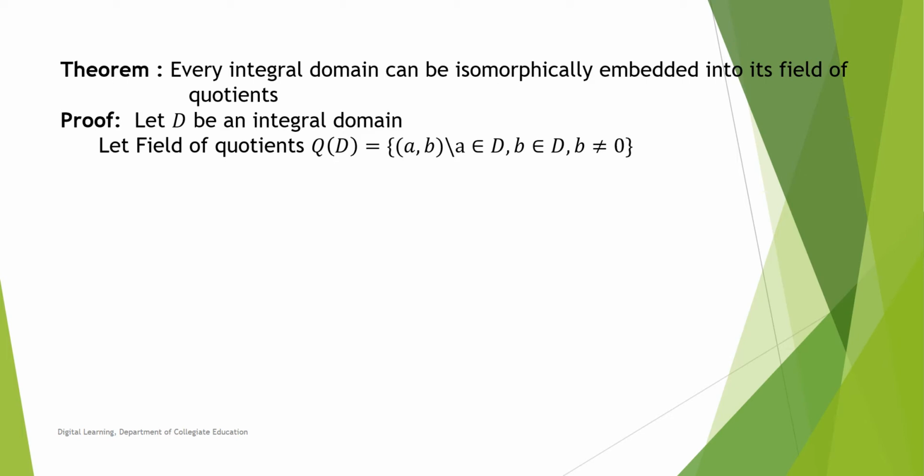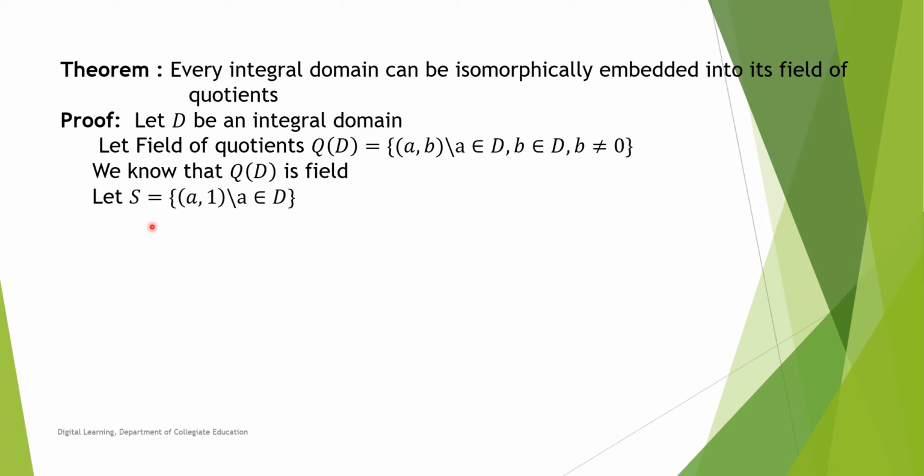Let the field of coefficients, denoted by Q of D, be the set of all elements of the couple form (a, b), where a and b are elements of D and b should be non-zero. We know that Q of D, the field of coefficients, is a field.